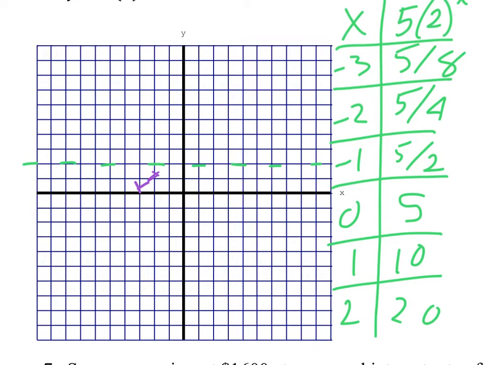So about there. -1 was 5/2, so that's really 2 1/2. 0 gives 5, so that's right here. And then 1 was 10, so that's there. Now that's the last point that's really going to fit on there.